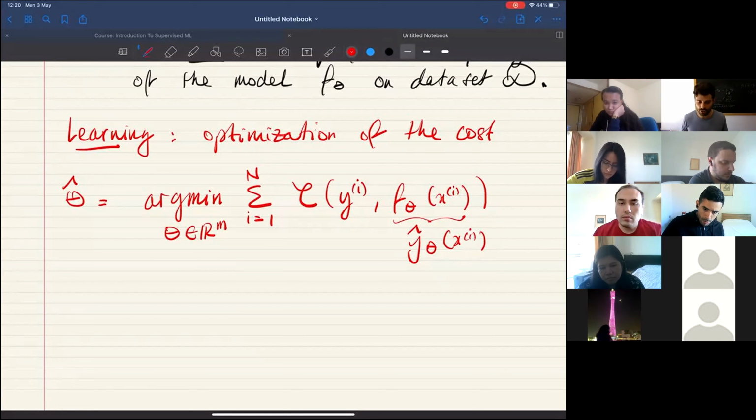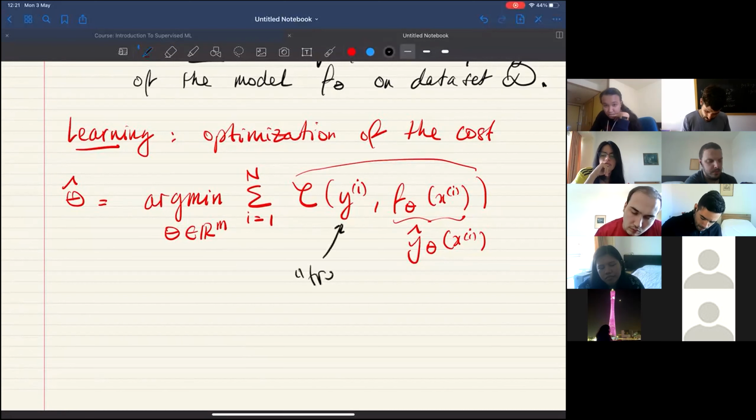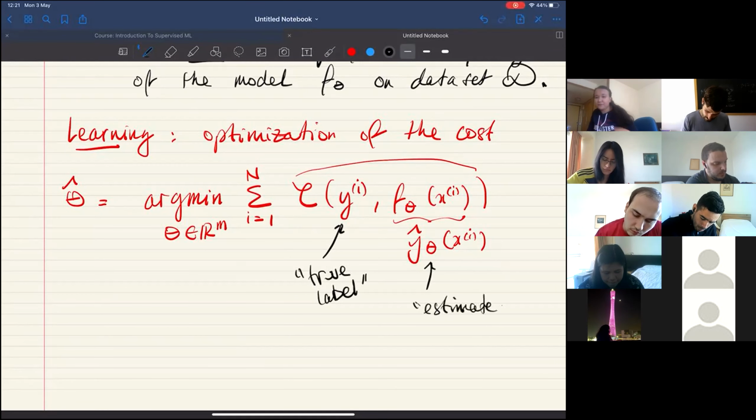I'm evaluating the cost for each pair of input and output. I'm evaluating the cost, which means some non-negative function, some notion of error between the true output, the true label, and the estimated one, or the predicted one. I prefer to use predicted one.